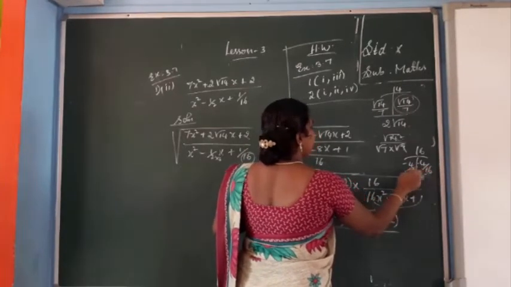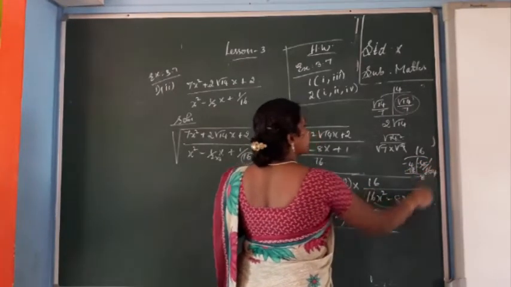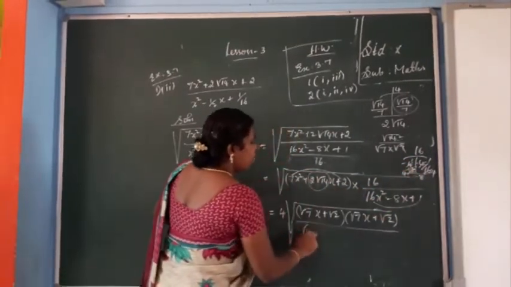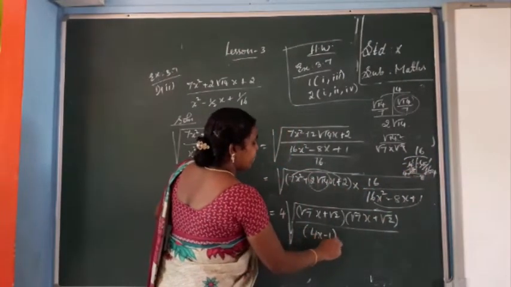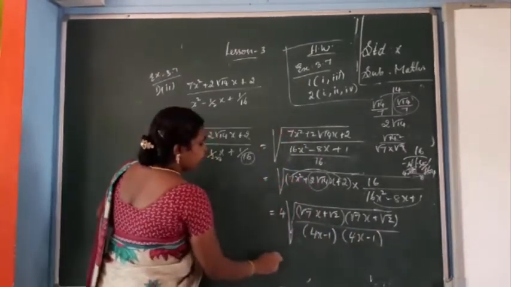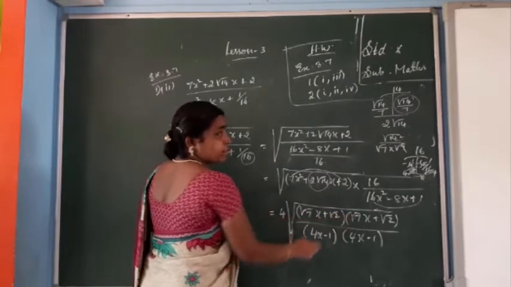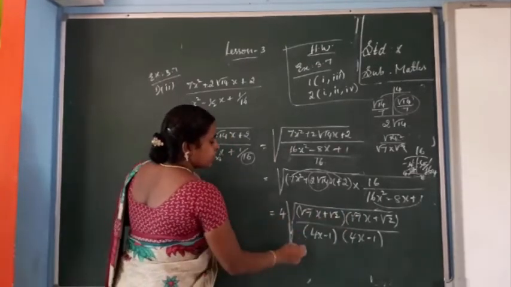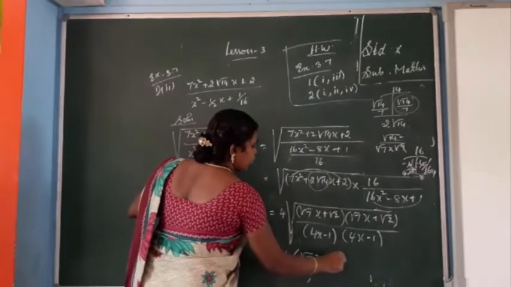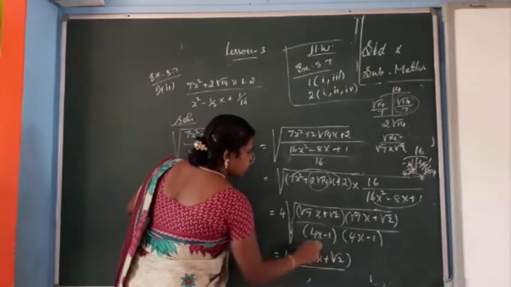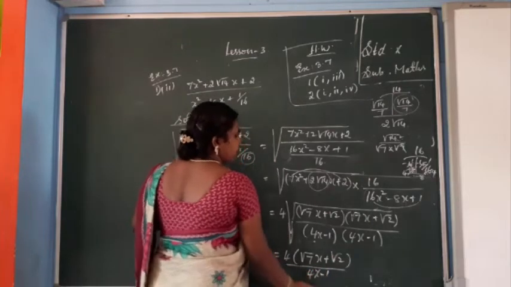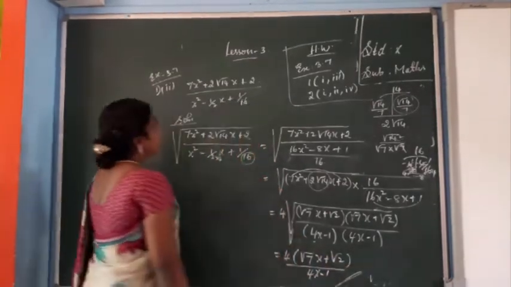So simplify, 1 4 is 4, 4 4s are 16, here also 1 4, so the factor is 4x minus 1 into 4x minus 1, then 4. So instead of 2 times, we can take 1 time, we are taking outside, so the answer is 4 into root 7x plus root 2 divided by 4x minus 1. This is the answer.